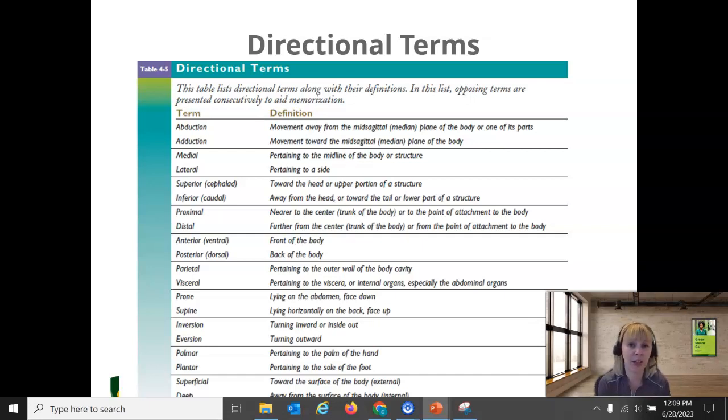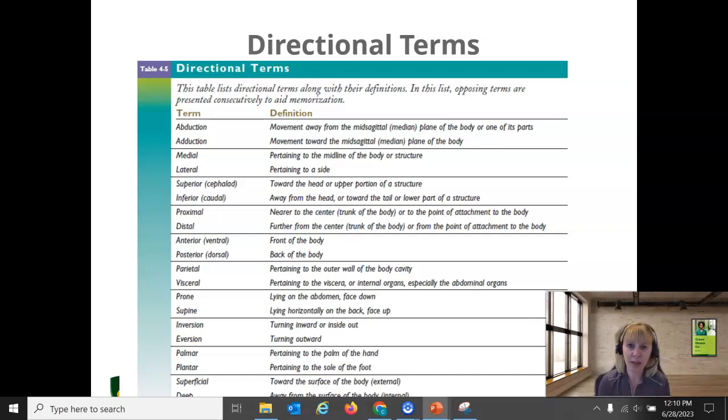So it is important that you know things like adduction and abduction, medial and lateral, superior and inferior, proximal and distal, anterior and posterior, parietal and visceral, prone and supine, inversion and eversion, palmar and plantar, and then superficial and deep. You can find all of these in Chapter 4 and Table 4-5.